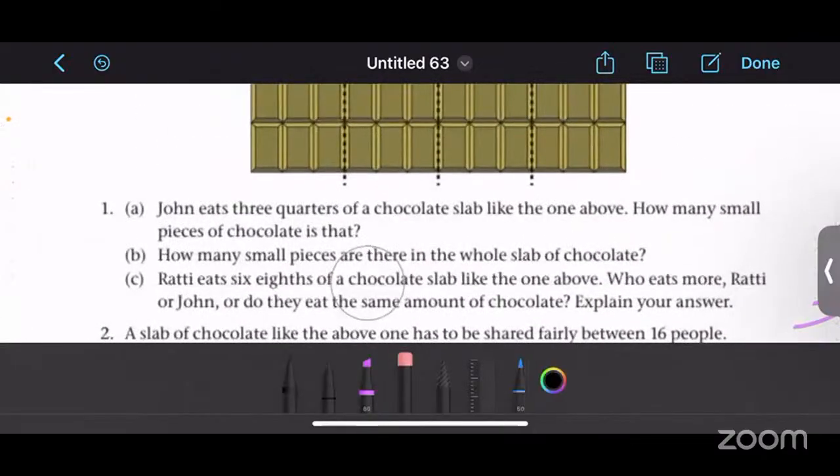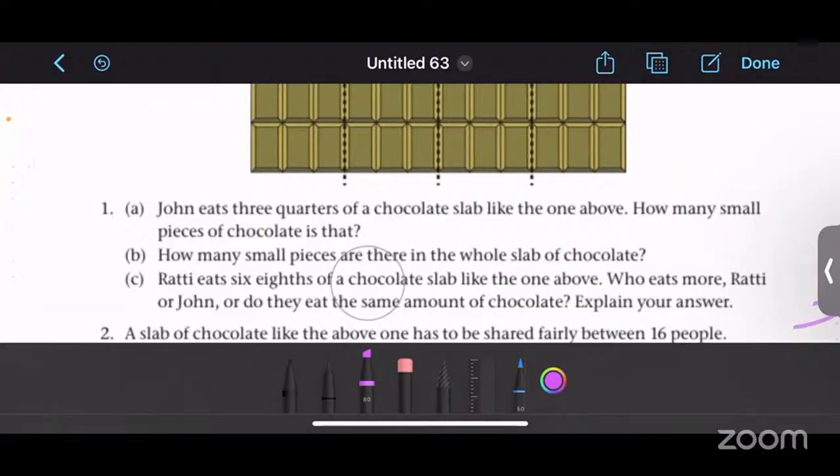How many pieces do we have? How many pieces? Are you still there? Yes, it's 48, ma'am. Perfect. And then we have over here, Happy eats 6 eighths of the chocolate slab, like the one above.